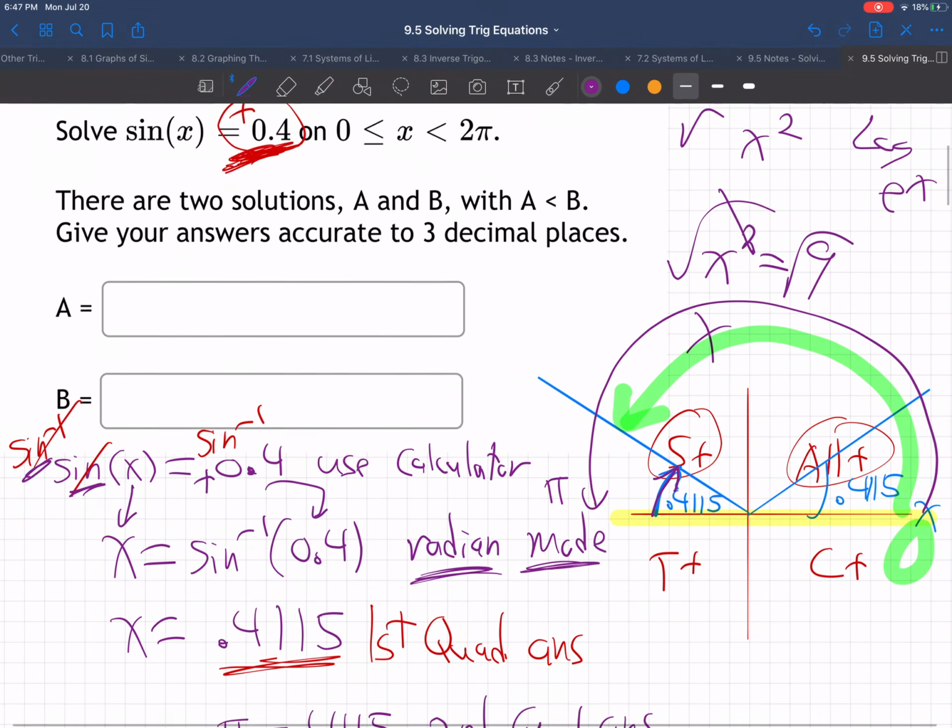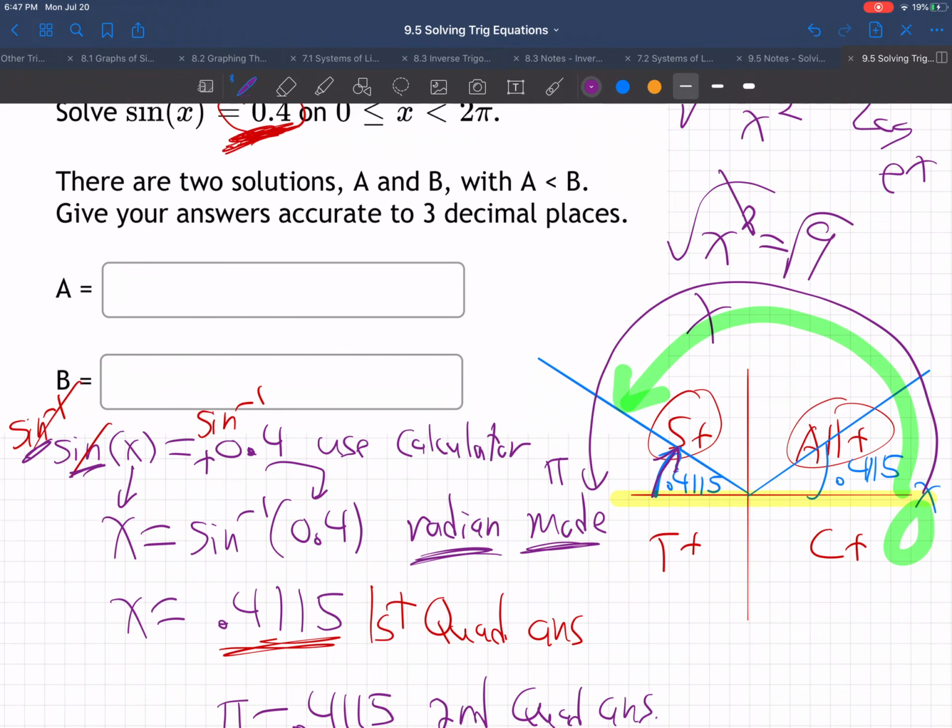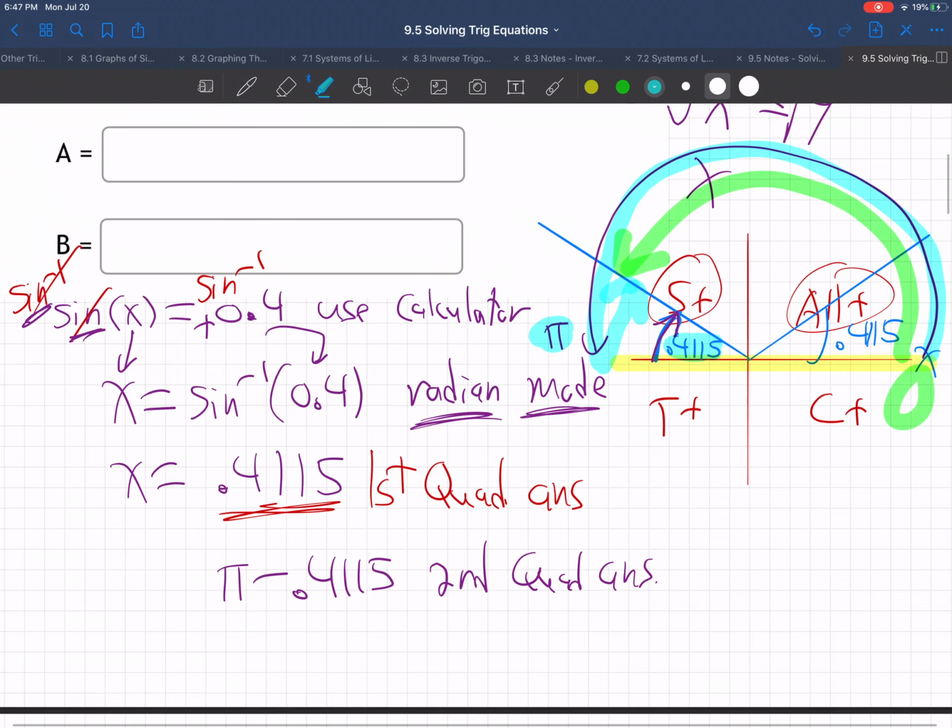Do you see why that is? Because to get it, let me try with another marker here. You would just go all the way to pi and then back up, right? Because it's all the way to pi, and then back up the 0.4115. So that's our second quadrant answer. So we just use our calculator, hit the pi button on your calculator, and subtract 0.4115.